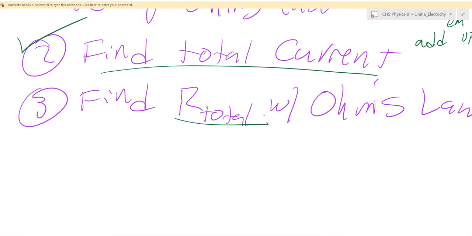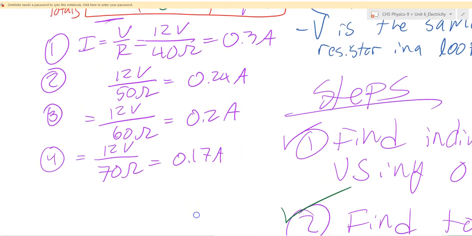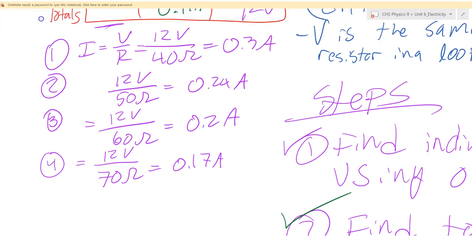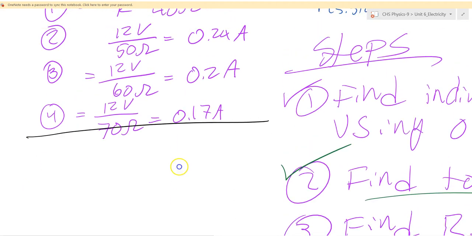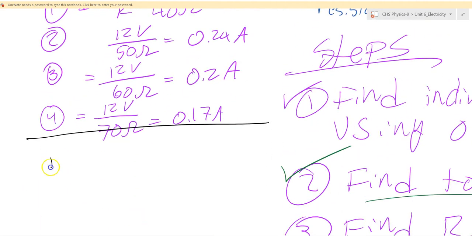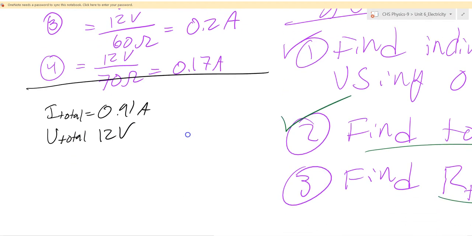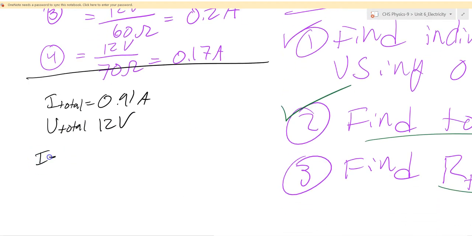And then we'll find our total with Ohm's law. So we know that I total is 0.91 amps. And we know that V total is 12 volts. So we've got our I equals V over R. If we rearrange that, we end up with R equals V over I. So let's just substitute and solve.